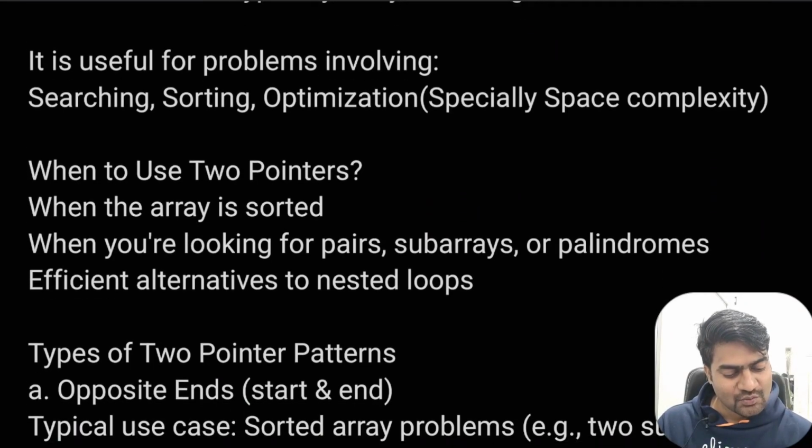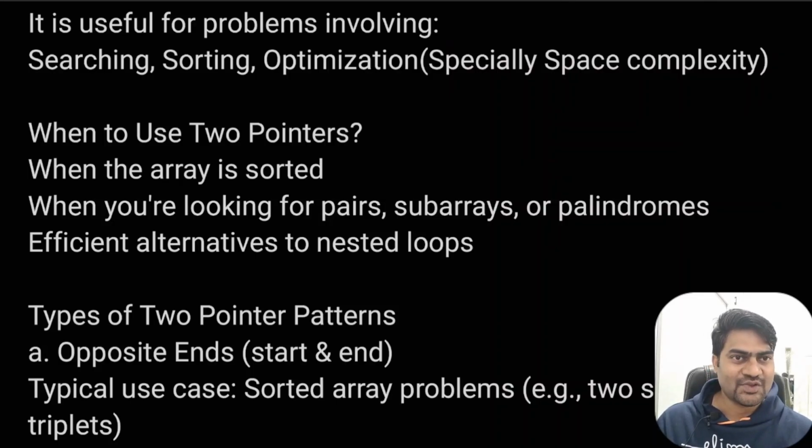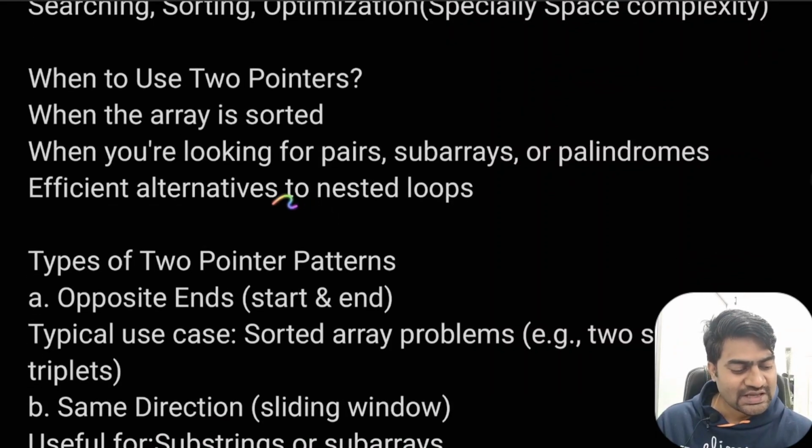So when to use this two-pointer technique? Whenever the array is sorted and whenever you are looking for pairs, subarrays, or palindromes, in that case we prefer to use the two-pointer technique. It is an efficient alternative to nested loops.